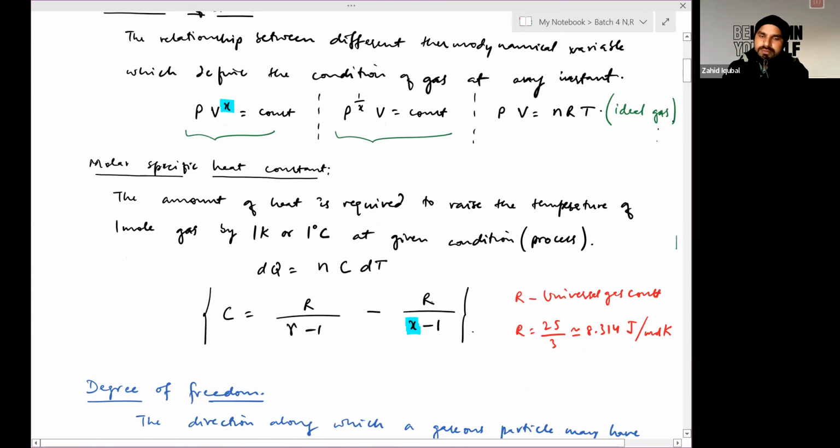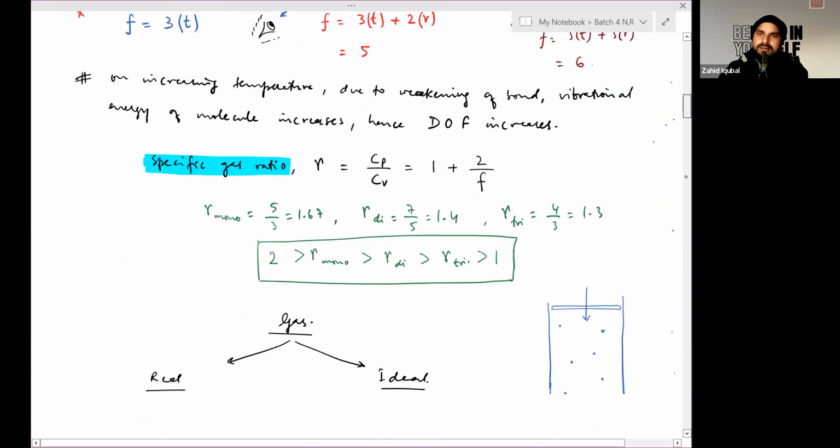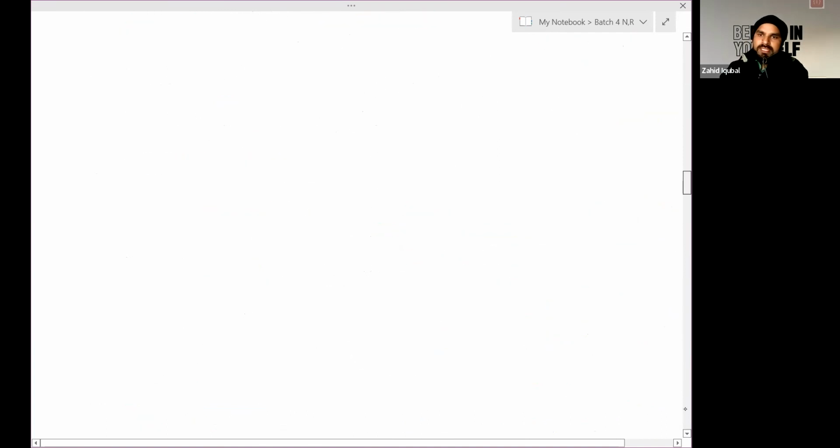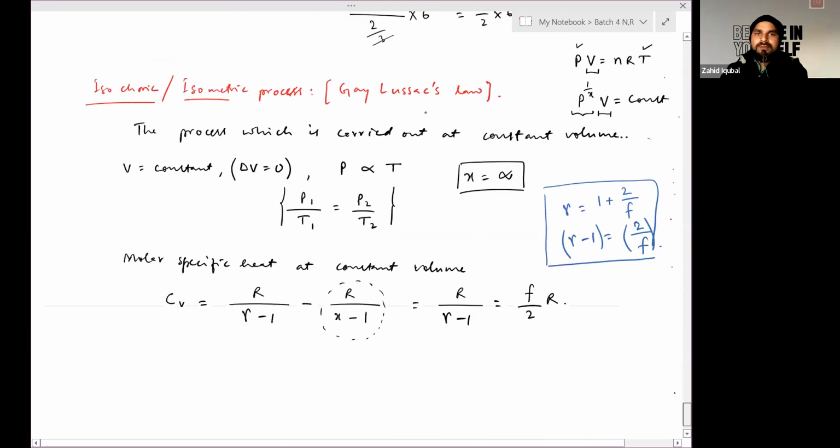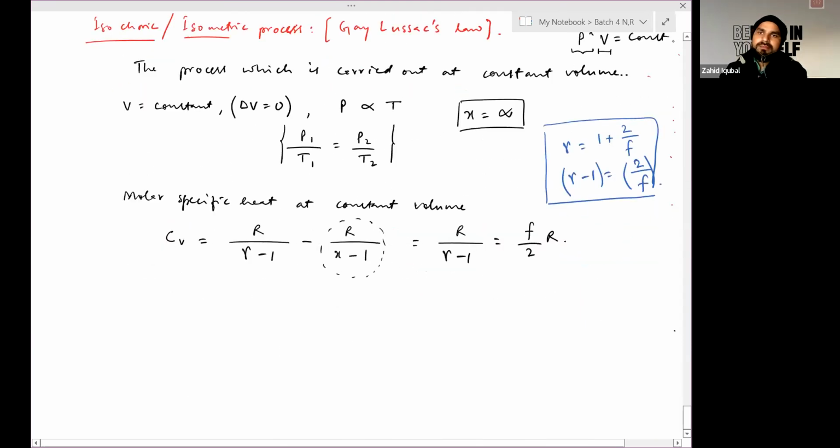So this entire term will get cancelled out. So you're left with C equals to R by gamma minus 1, which I have done in this part. Okay, Yusra? Okay, sir. Thank you, sir.